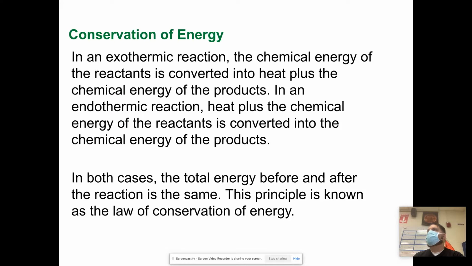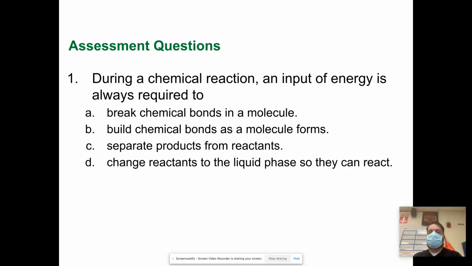This principle is known as the law of conservation of energy. In middle school and in elementary school, we always tell you energy cannot be created nor destroyed. Whatever is will always be. It just gets transferred.